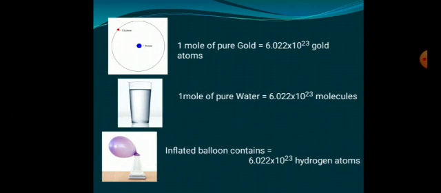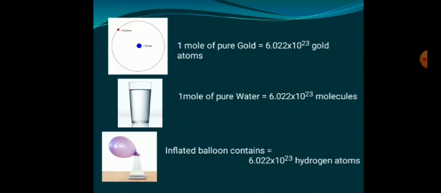1 mole of pure gold contains 6.022 multiplied by 10 raised to 23 gold atoms. 1 mole of pure water contains 6.022 multiplied by 10 raised to 23 molecules. So, if we take a bag which contains 6.022 times 10 raised to 23 hydrogen atoms, then can we say that it is 1 mole of hydrogen?